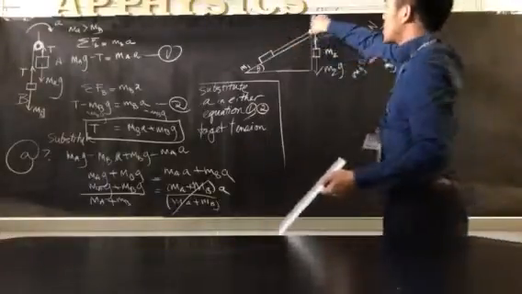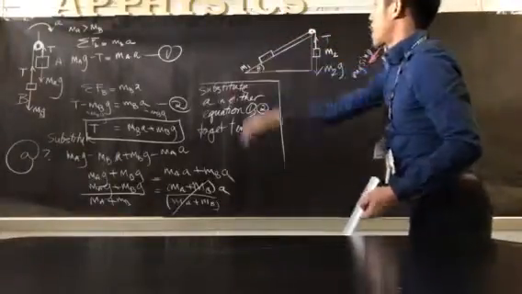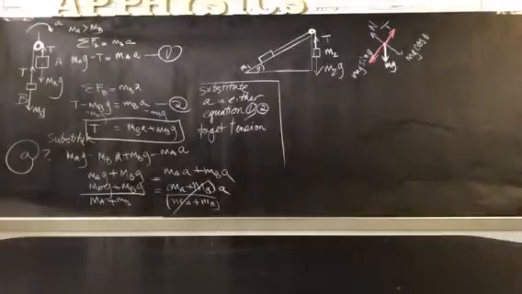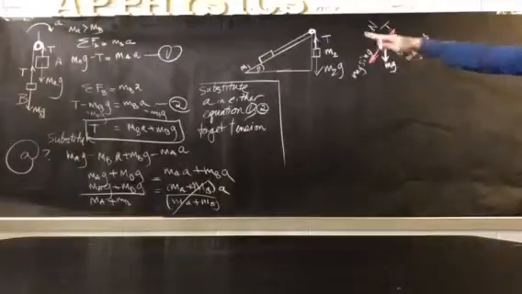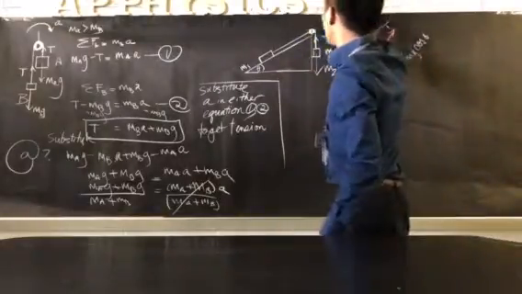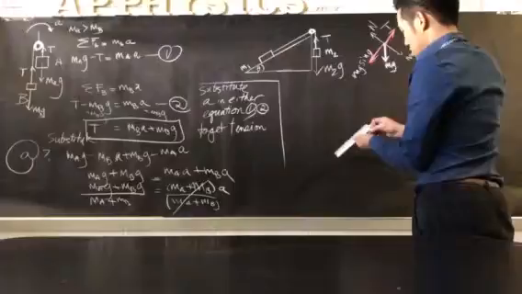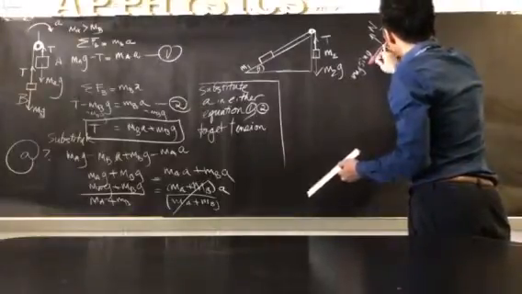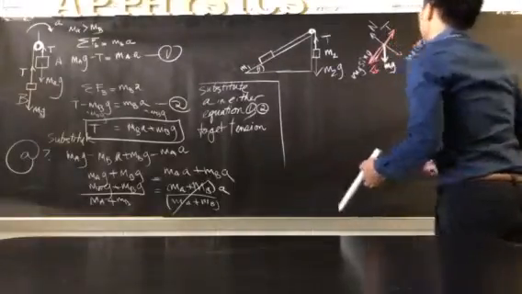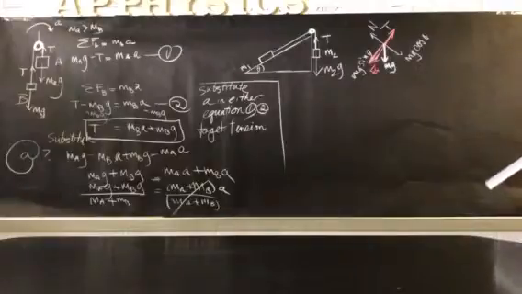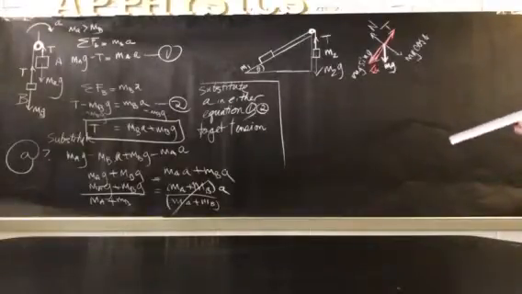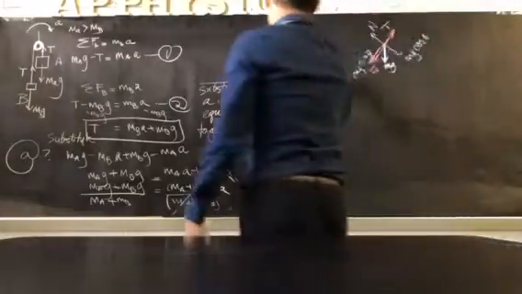Since the box is moving this way, the friction is going the opposite direction. Let's confirm which one has more mass. Of course, M2 has more mass. So it goes this way, and the friction is going that way, the force of friction. So we have three different forces in the x direction and two different forces in the y direction. Let's take into consideration the block that is hanging.